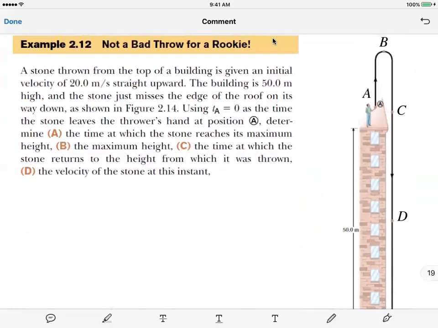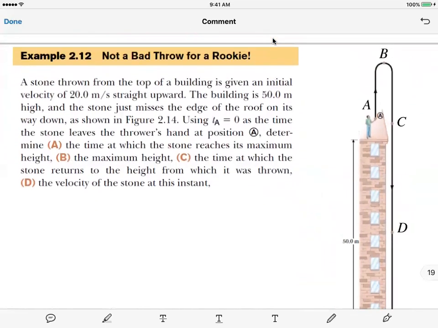I will read it, and then I will ask you to do it. A stone thrown from the top of a building is given an initial velocity of 20 meters per second straight upward. So at this point, the stone was thrown up, and it goes through this trajectory.